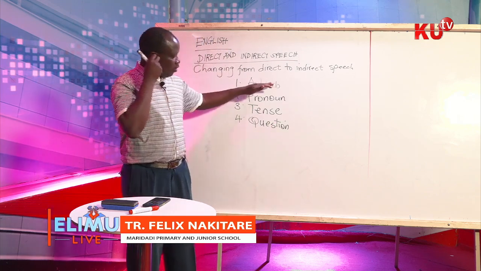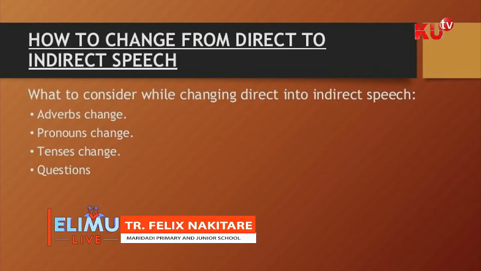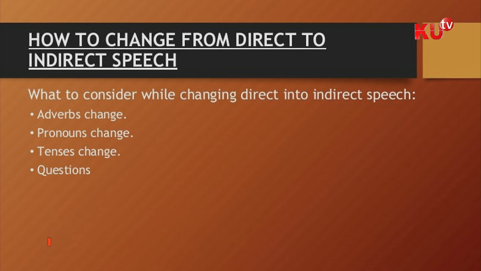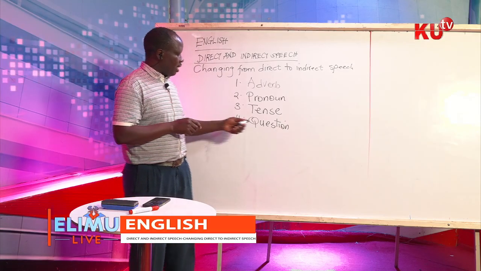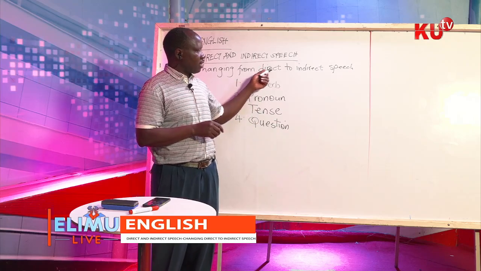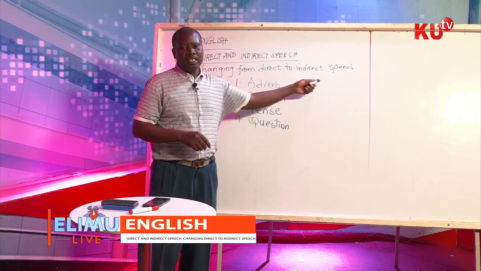In these other 3, you will be given a statement or a sentence that you look at. Then in the last one, you will be given a question in a question form. How do you handle each of these as they change from direct to indirect speech?